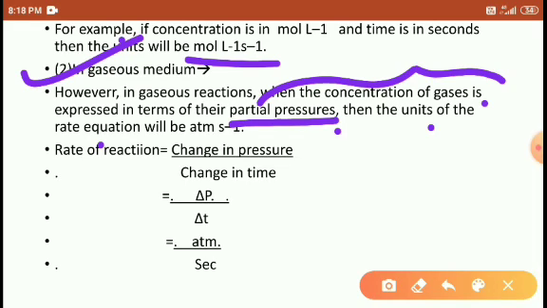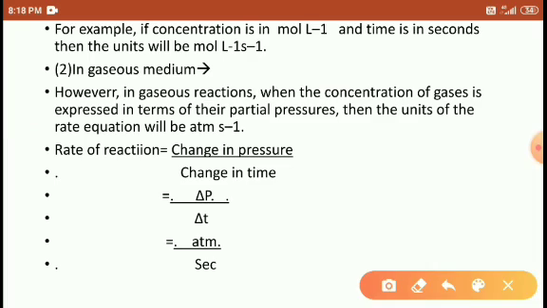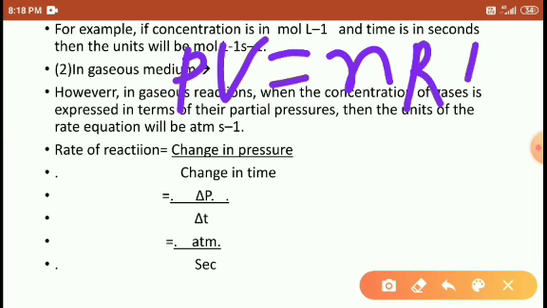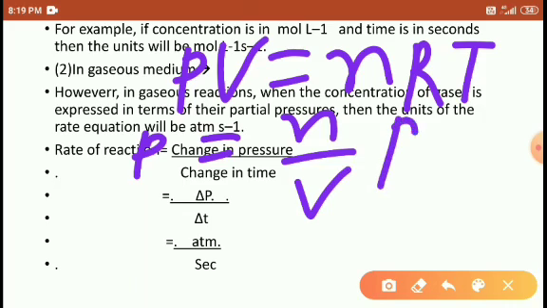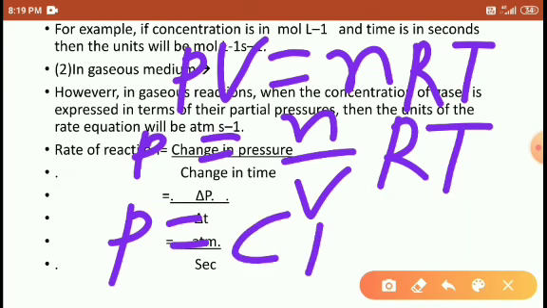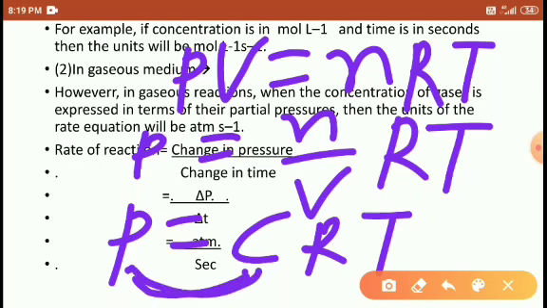So when we determine pressure, we know that PV is equal to nRT, or we can use P is equal to N by V RT, or P is equal to CRT. So it means the pressure is proportional to concentration. Concentration is nothing but a pressure, pressure is nothing but a concentration.